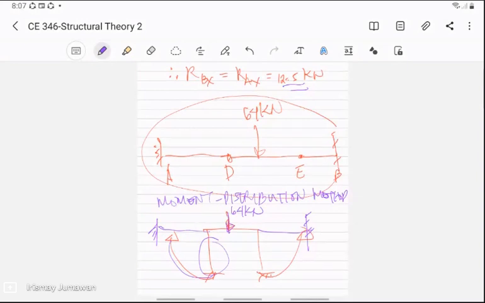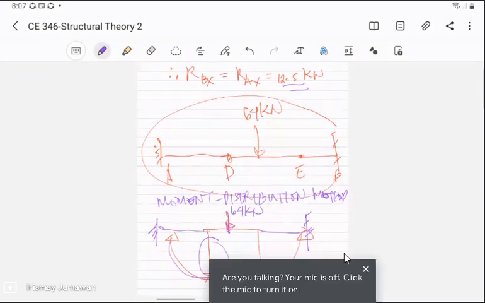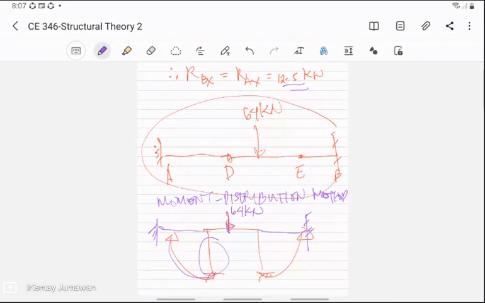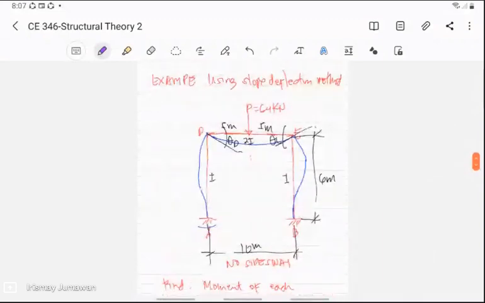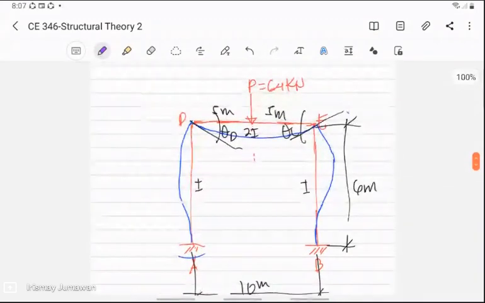Okay, class? Excuse me, ma'am. Can you tell us the length of the members, ma'am? DE is 10, with your load at the center.